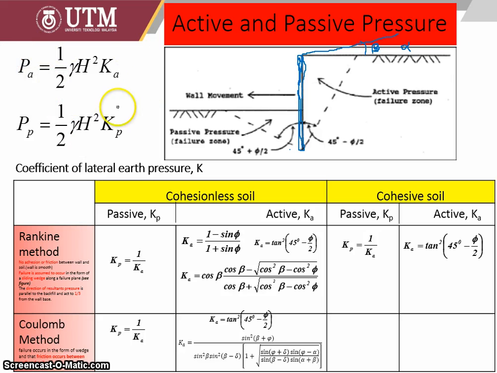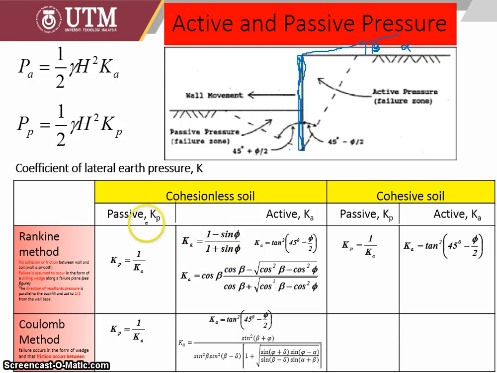As I mentioned before, P naught equals 1 over 2 gamma H to the power of 2 K naught. So in active it will be substituted as Ka, and in passive as Kp, the coefficient of passive lateral earth pressure.